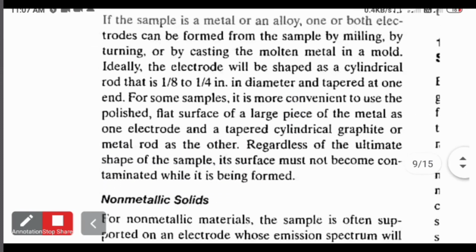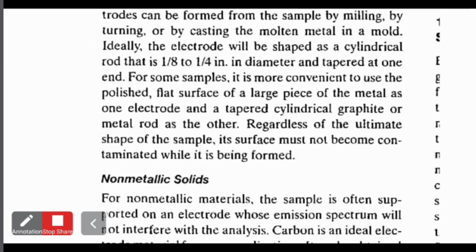Next, for some samples it is more convenient to use polished or flat surfaces. So it depends upon the properties of the particular element. For some elements we can form the electrode by milling, turning or casting, and for other elements it's quite convenient to use a polished, flat surface electrode.